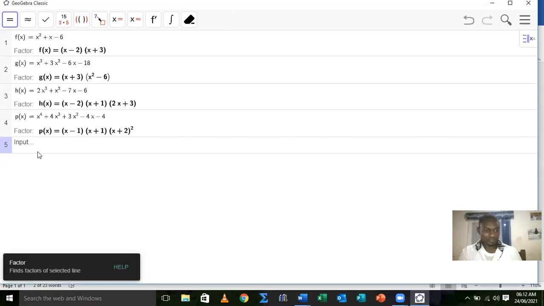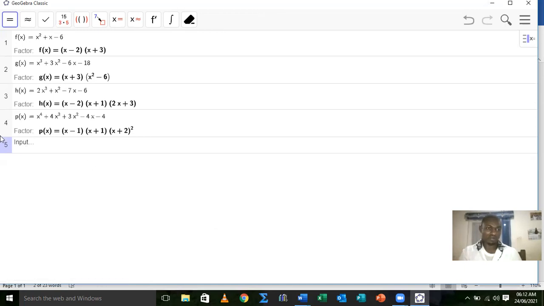Good. We now see the factors. All these four polynomials have been factorized. But when you look at the fourth example, you discover that there is a special case of a double factor.